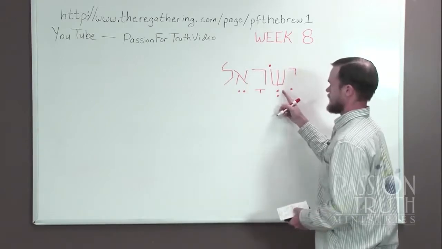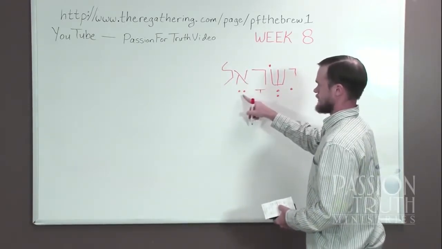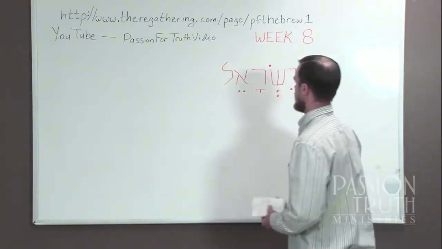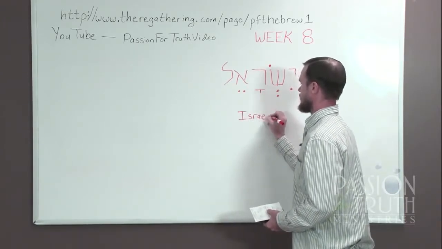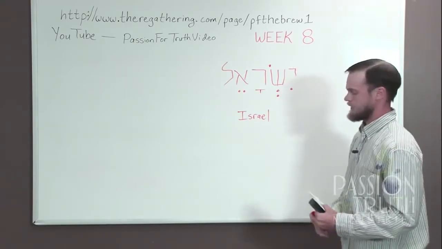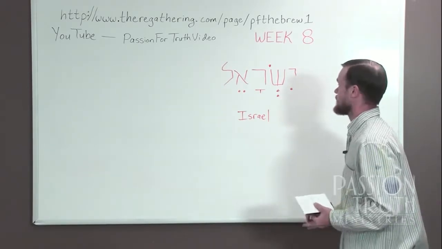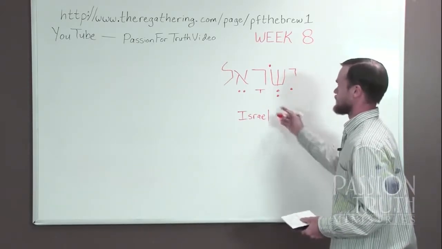So yis, ra, aleph is silent, go right into the vowel, el, Yisrael. What we know in English as Israel. The name that Jacob's name was changed to, name of the modern day country, name of the ancient nation. Yisrael.